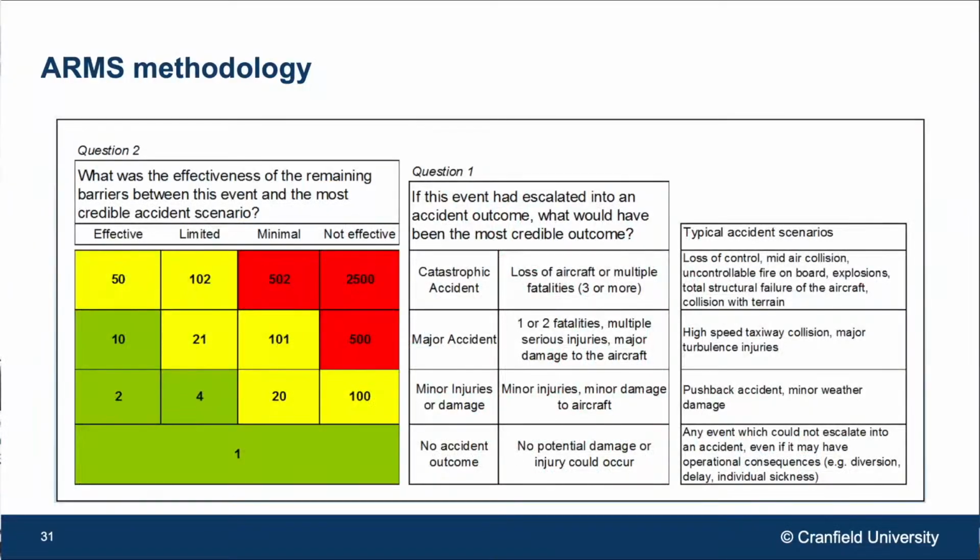Think back to the bow tie that we looked at earlier on. It's asking the user to assess the effectiveness of the barriers that were left remaining. How good were the barriers that remained? And it asks you to put a score using that matrix there to assess how effective the remaining barriers would be.